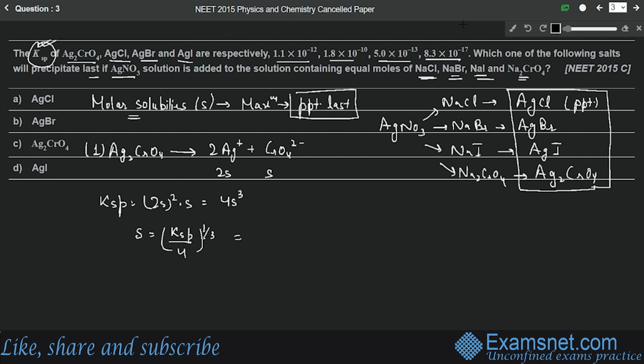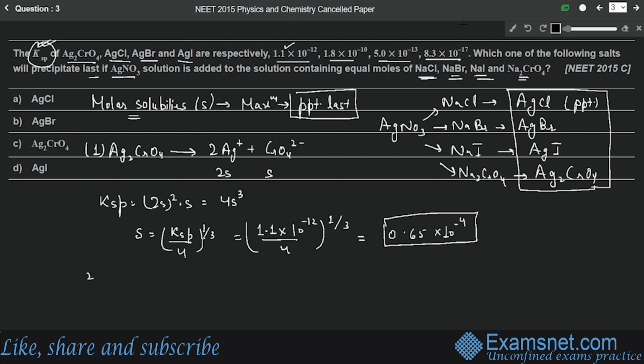Ksp of silver chromate is given as 1.1 into 10 to the power minus 12. So 1.1 into 10 to the power minus 12 divided by 4 to the power 1 by 3. When you solve it, you will get 0.65 into 10 to the power minus 4. This is the molar solubility of this one.